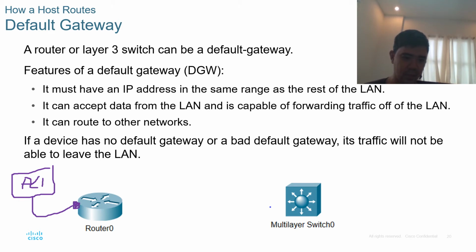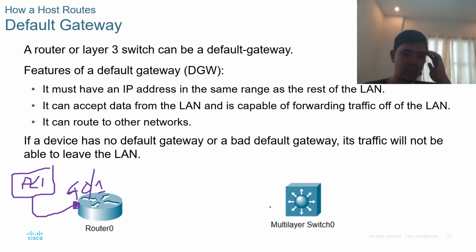Say that is a G0/1 interface. Whatever IP address this G0/1 has is the default gateway of PC1. By concept, the default gateway handles unknown packets: those that are unknown to PC1 are forwarded to the G0/1.